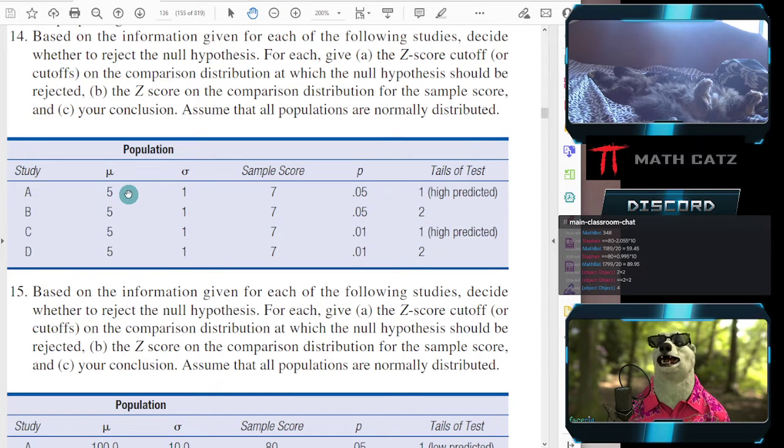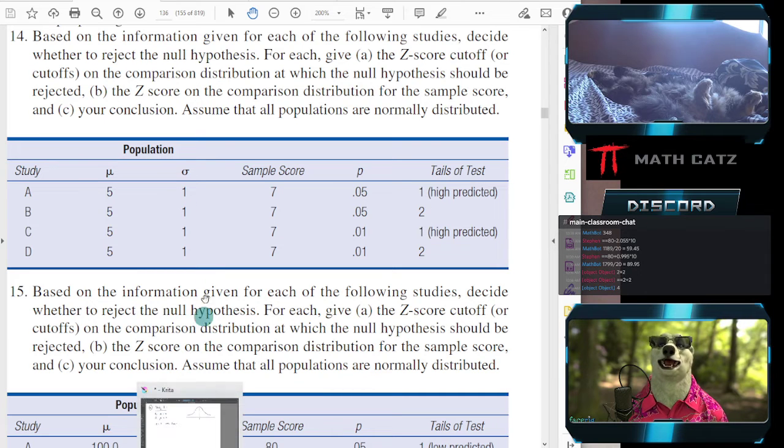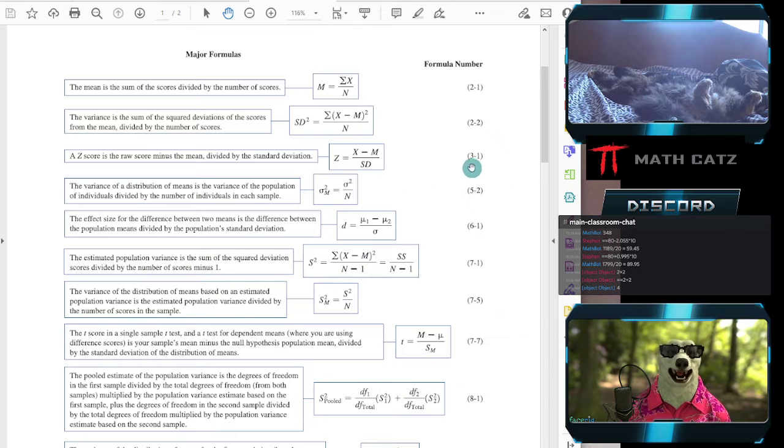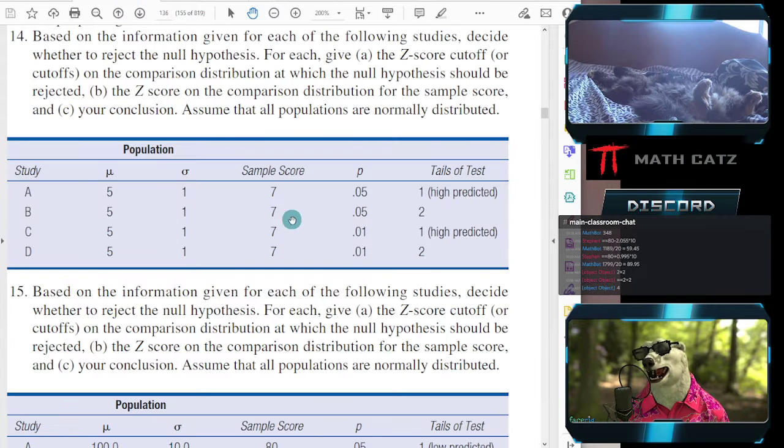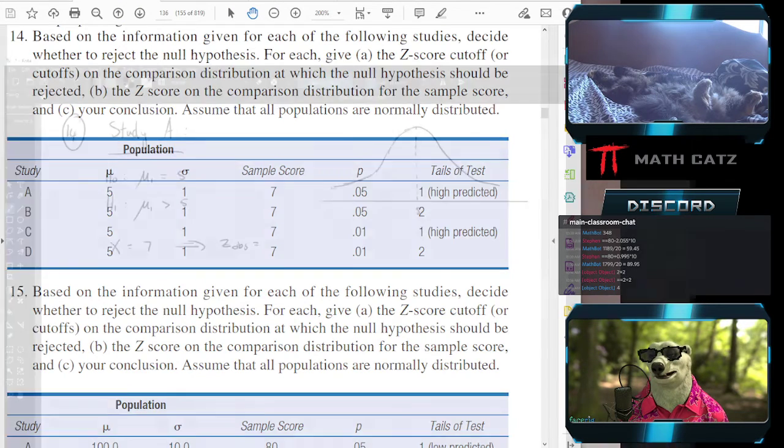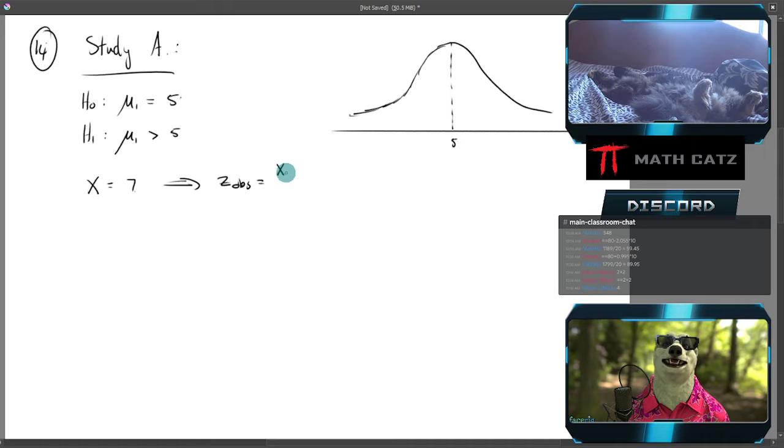Well, we have a population mean of 5 and a standard deviation of 1. And I'll draw your attention to the formula here, 3-1, which is the best one we have in the book. I know 7-7 looks similar, but we're not there yet, where to calculate the z-score, we take the raw score minus the mean over the standard deviation, and this is now the population parameters instead. So we have our raw score.